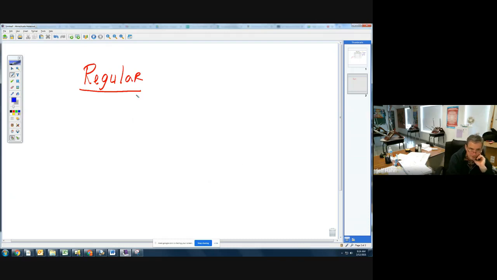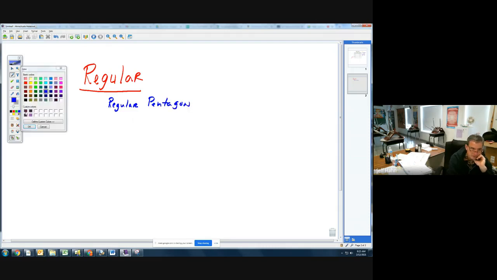In math, when we talk about a regular something, for example, a regular pentagon, regular, boys and girls, simply means that all the sides are equal.